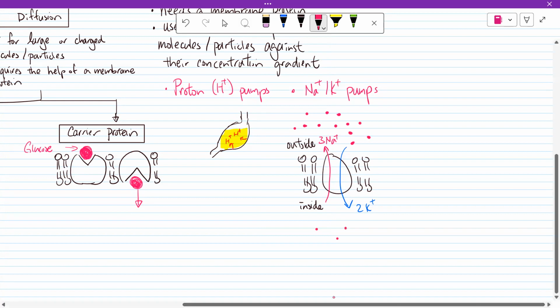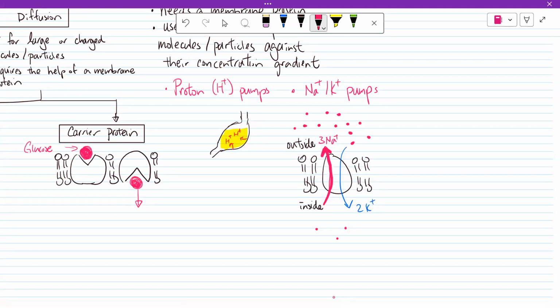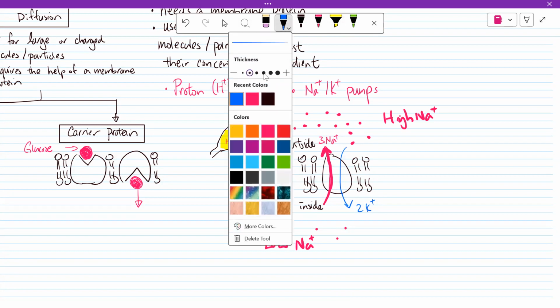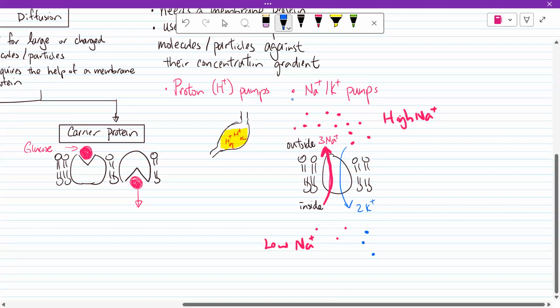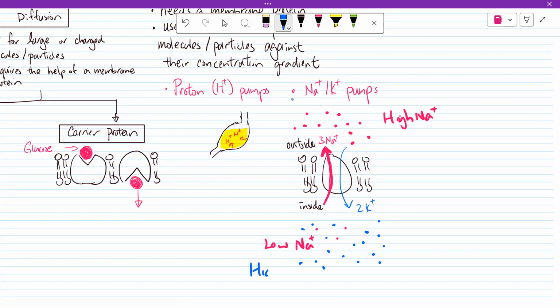So when you pump sodium out, you are taking it from an area of low concentration to an area of high concentration, right? Similarly, for the potassium, because you keep on bringing them in, you're going to have a lot inside. So this is high potassium inside and low potassium outside.